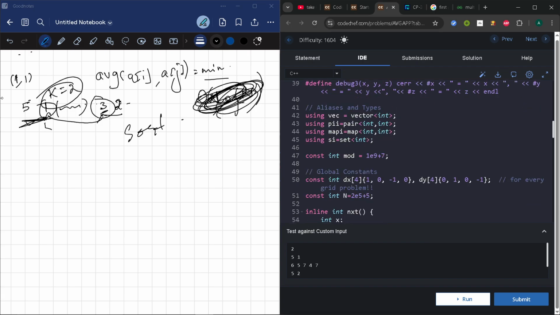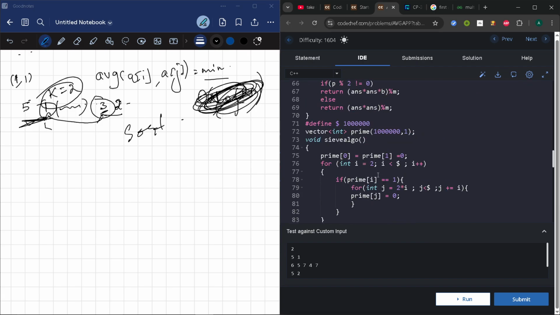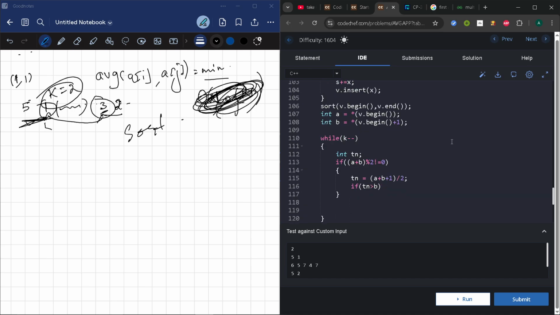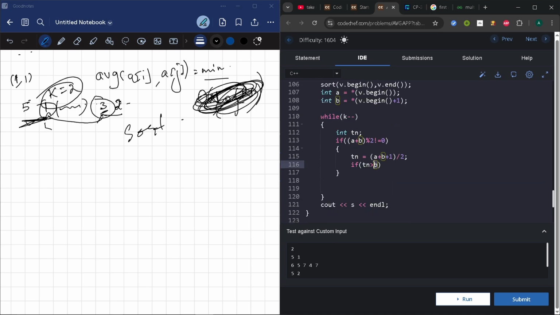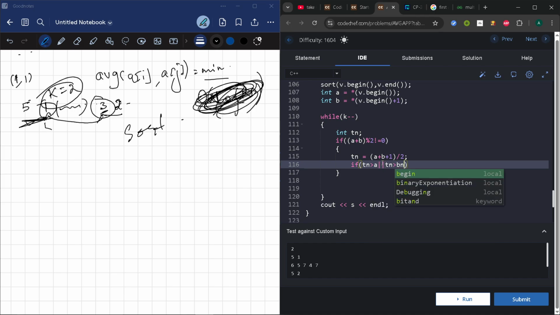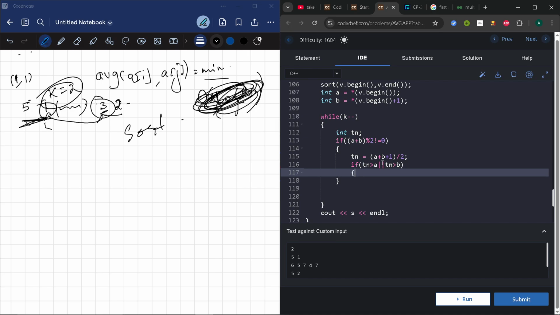Anyhow it won't be greater than B, it will be greater than A, because the average of 5 and 1 cannot be greater than 5. Let's say if I take the average of 4 and 2, then also it cannot be greater than 4. It can be, but yeah, so it will be A if Tn is greater than A, or let's say Tn greater than B.